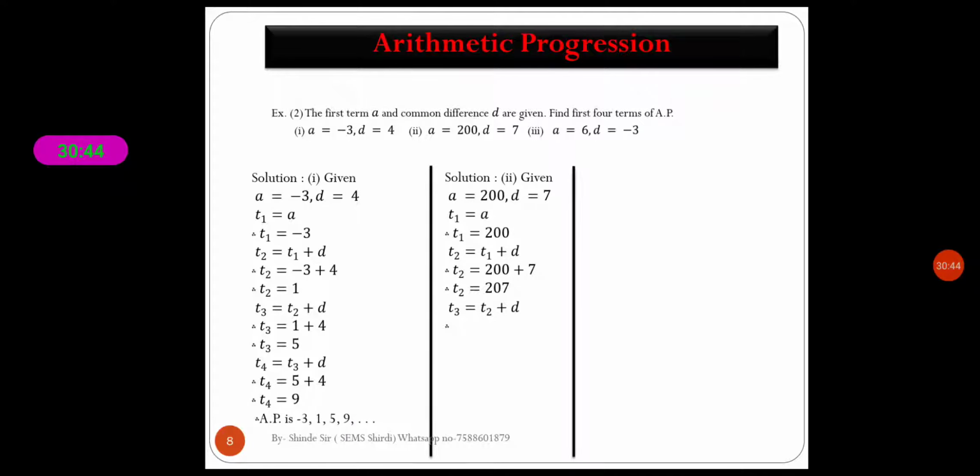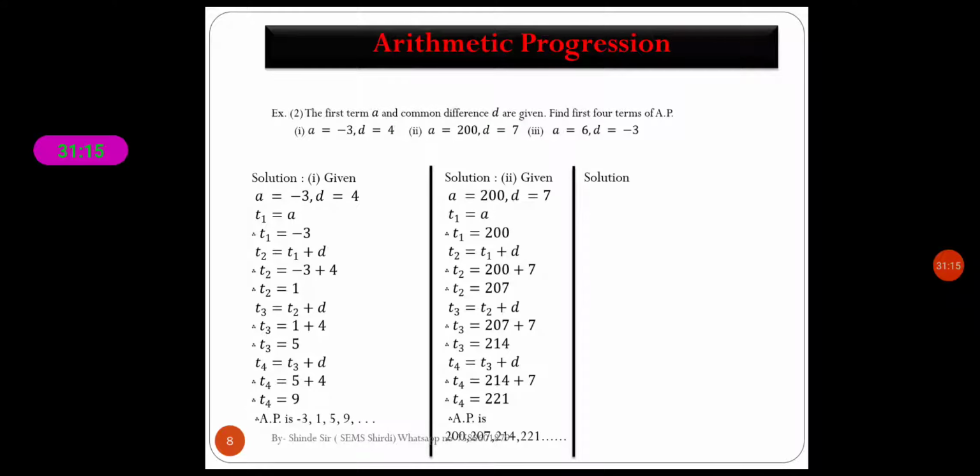Similarly we find t3 is equal to 214. Similarly t4 is equal to t3 plus d, therefore t4 is equal to 221. Therefore the AP is 200, 207, 214, 221 and so on.